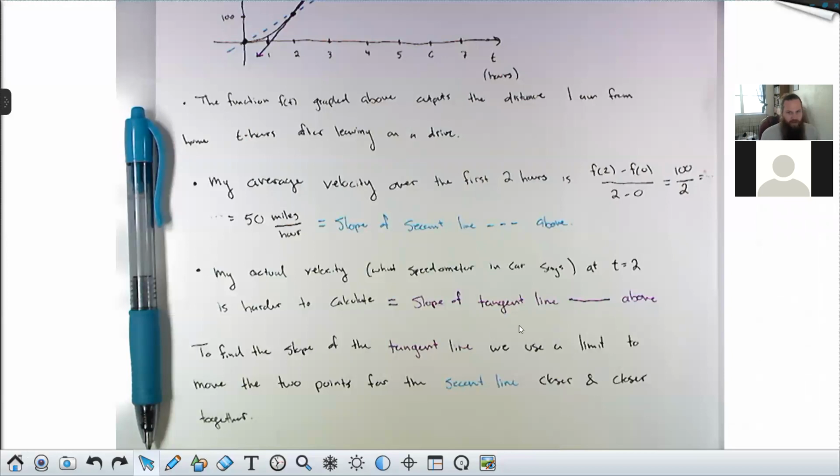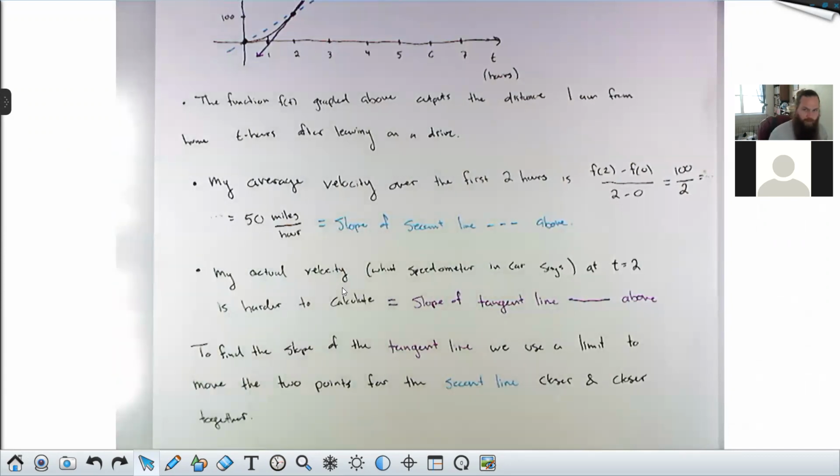So in other words, the tangent line gives you the instantaneous rate of change. That's the actual velocity. All right. And this is the important connection between rates of change, average rates of change, and this new object we're going to play with called the derivative.